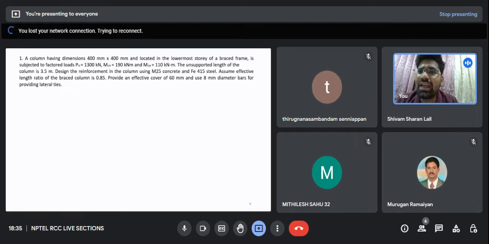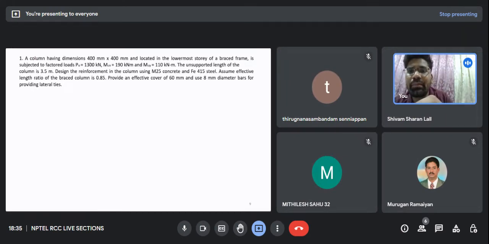A column having dimensions 400 by 400 and located in the lowermost storey of a braced frame is subjected to a factored load of 1300 kilonewton and a moment of this and a moment of this. The unsupported length of the column is this. Design the reinforcement in the column using the given grade of concrete and grade of steel.